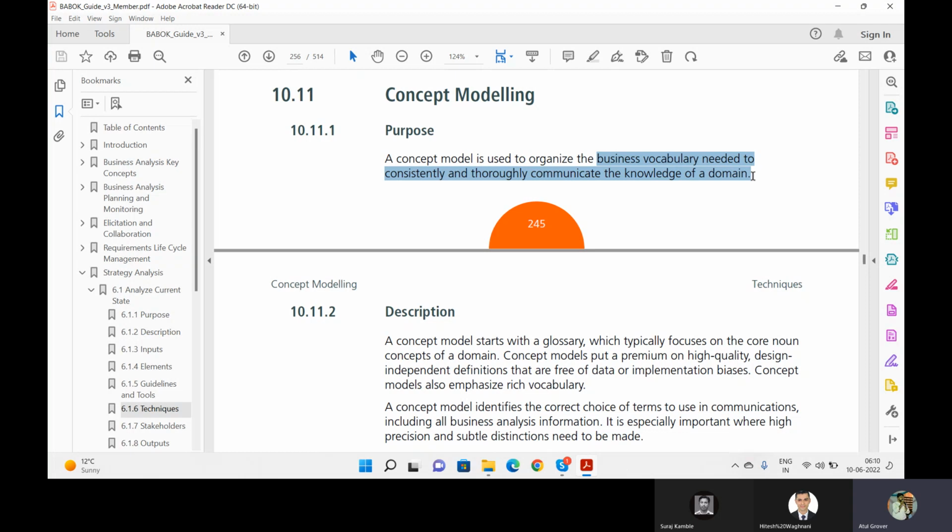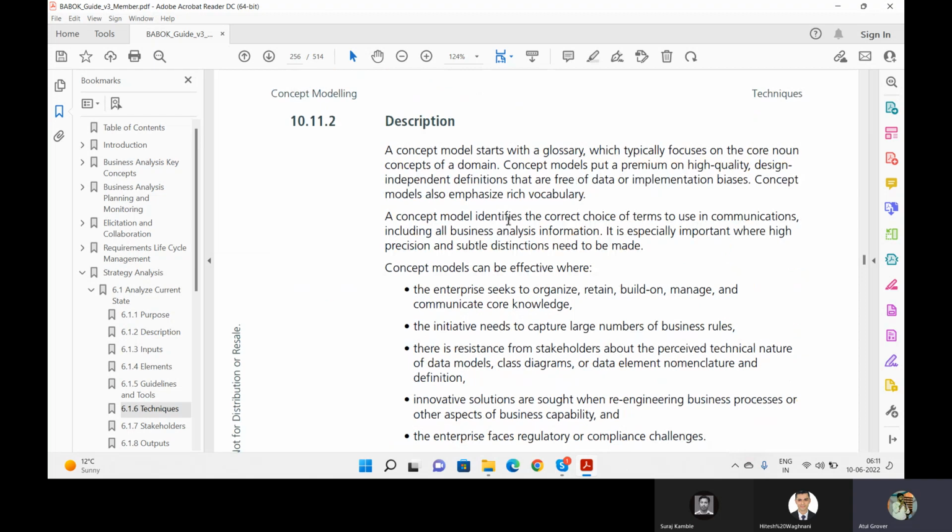So in this particular modeling concept, they say that boss, let's have standard words to be used. Okay. Concept model identifies the correct choice of terms in use in communication, including the business analysis information. जो हम we use the word glossary, right?